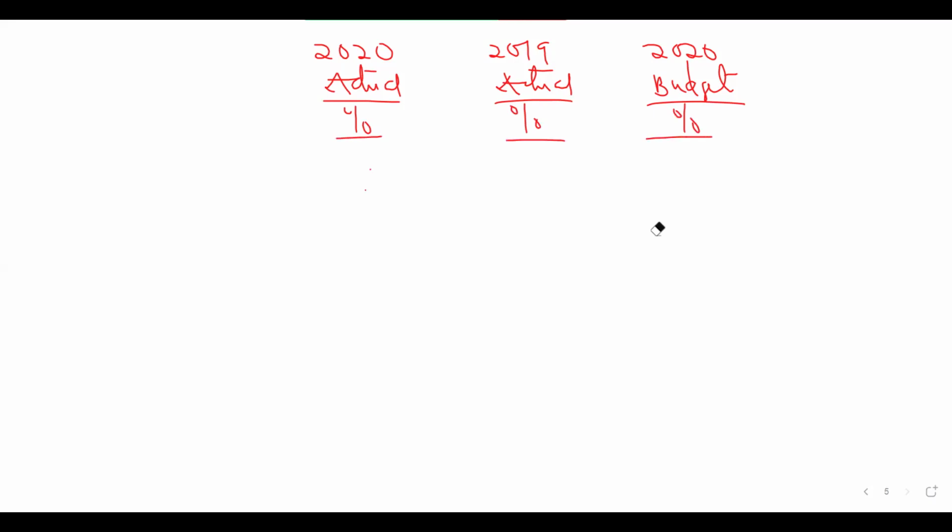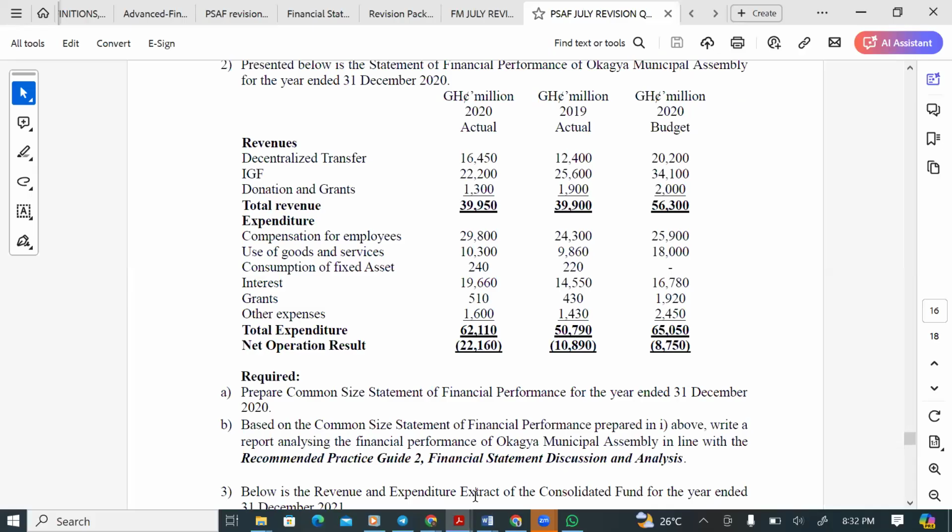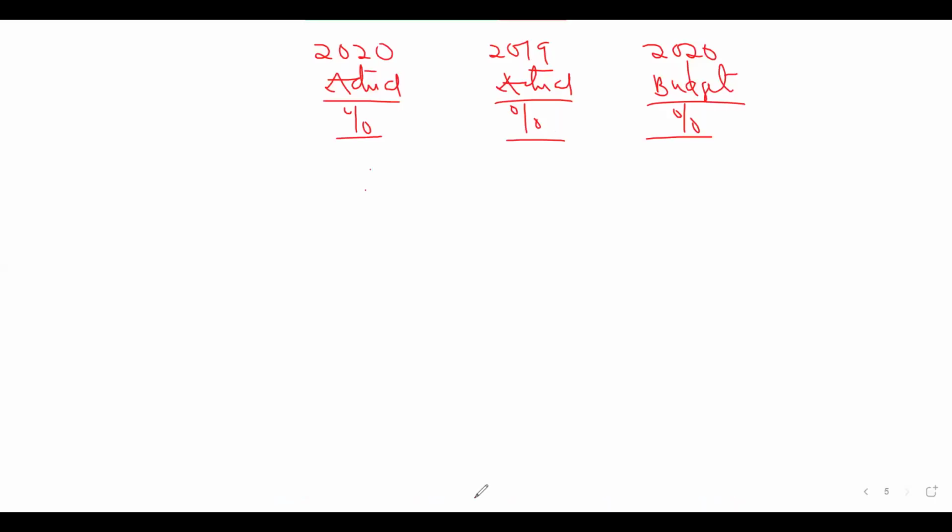So let's come to the first item. We have the decentralized transfer, which is like a grant from the government. This is for the district assembly.